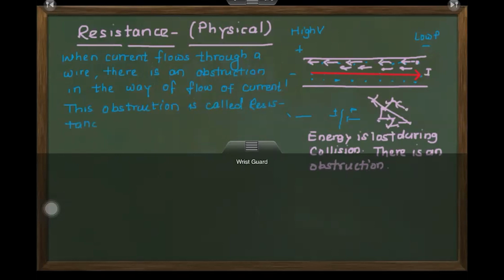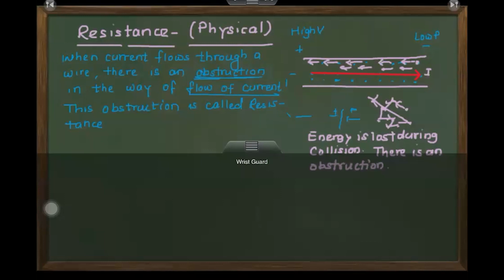So what do you mean by obstruction? Obstruction means some hindrance, some stoppage, in Hindi you can say rukavat. So when current flows in a wire, there is some obstruction in the way of current, and this obstruction is known as resistance.